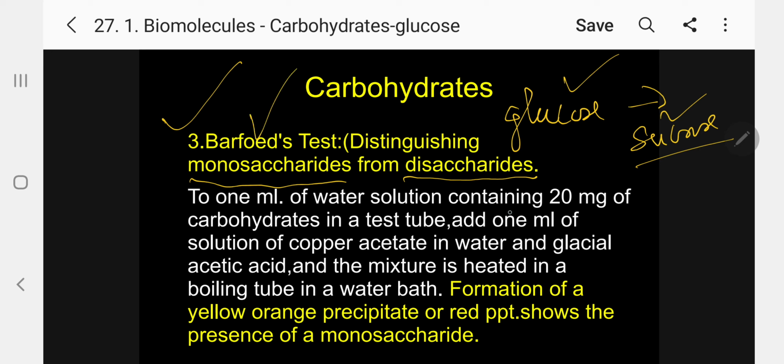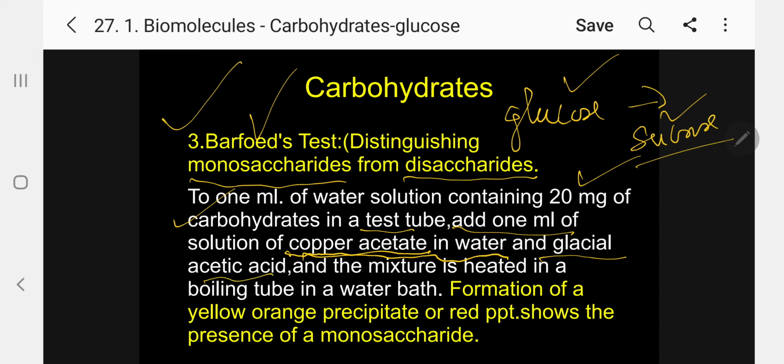To 1 ml of water solution containing 20 mg of carbohydrate in a test tube, add 1 ml of solution of copper acetate. Sorry, I told you copper sulfate. Sorry, copper acetate here. Barfoed's test: copper acetate in water and glacial acetic acid. Please follow.